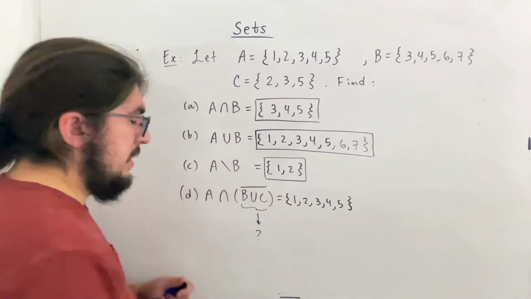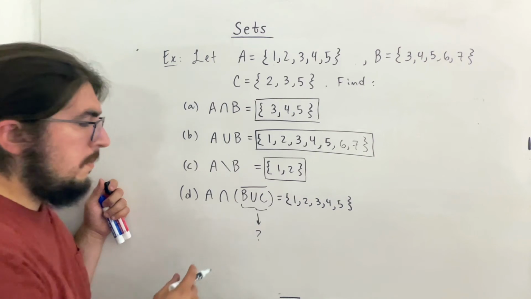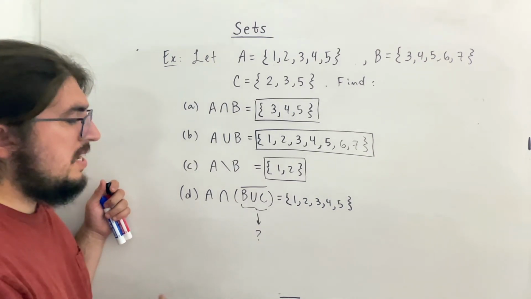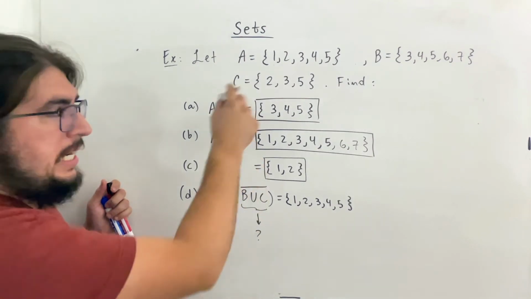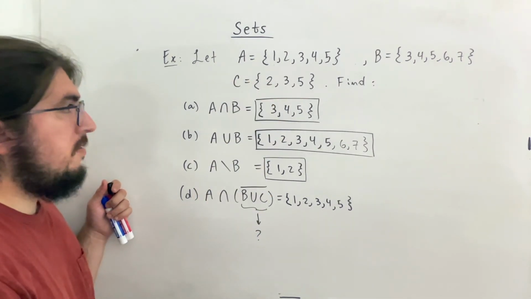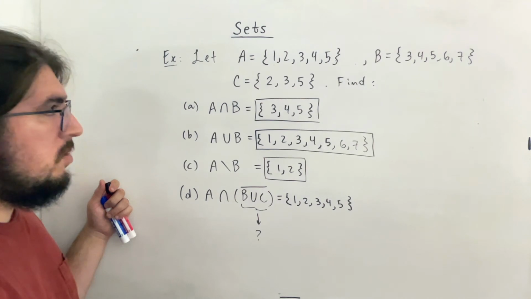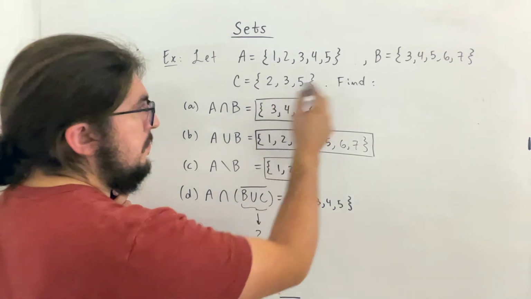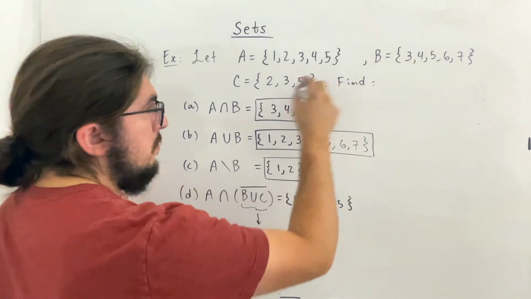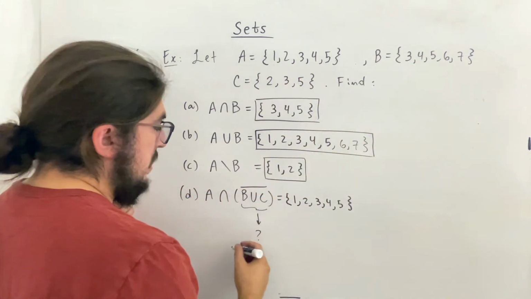And now let's look at this. So what is the complement of B union C? So B union C is the set of all things that are in C or in B. But notice C and B both contain 3 and 5, but B does not contain 2 that C does.